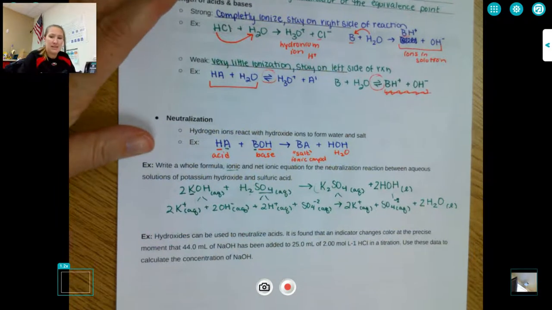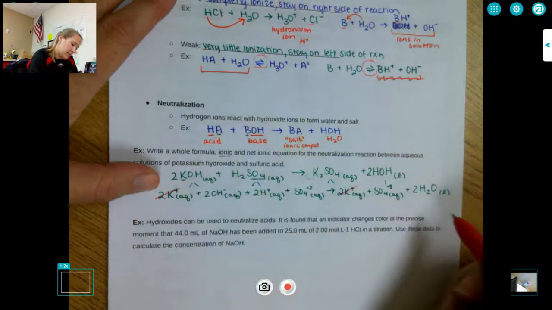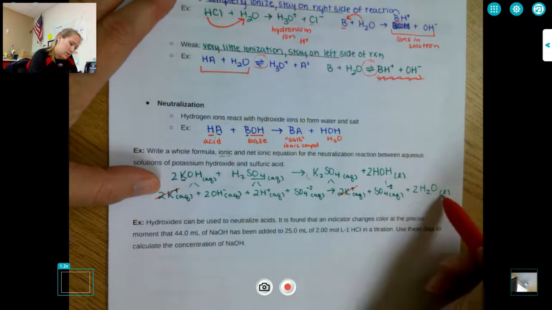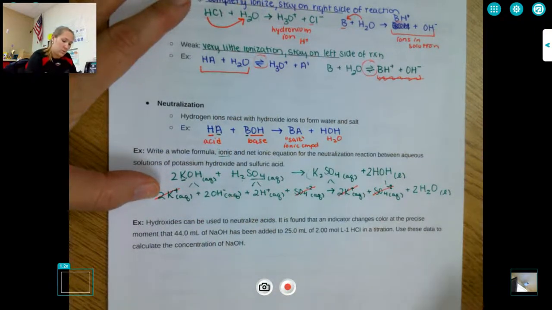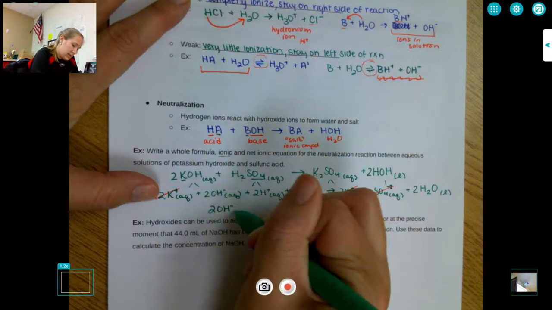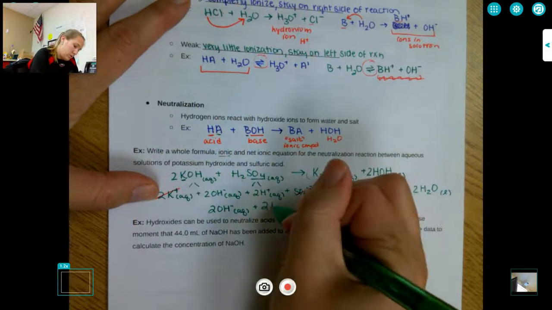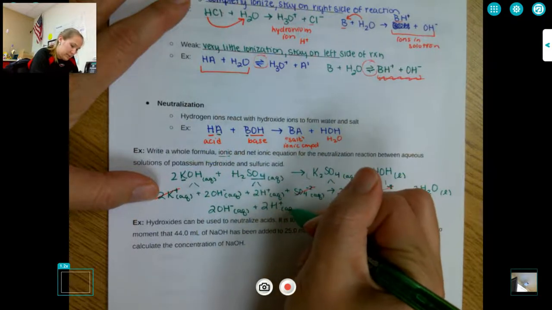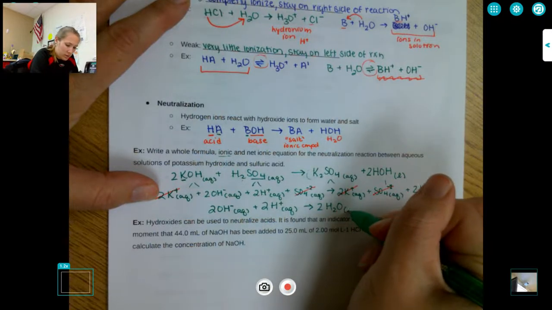Okay. Spectator ions cancel out. So potassium, potassium, hydroxide, no hydroxide, hydrogen, no hydrogen, sulfate, and sulfate. So then I rewrite whatever is left over. 2 hydroxide ions plus 2 hydrogen ions make 2 waters.